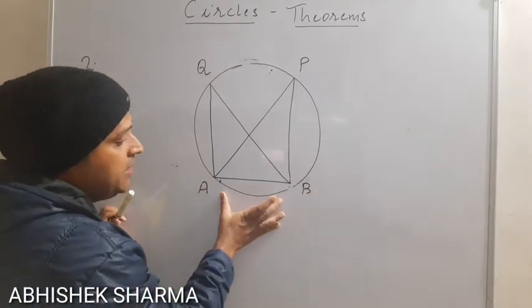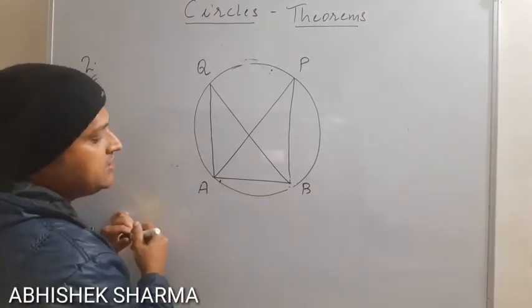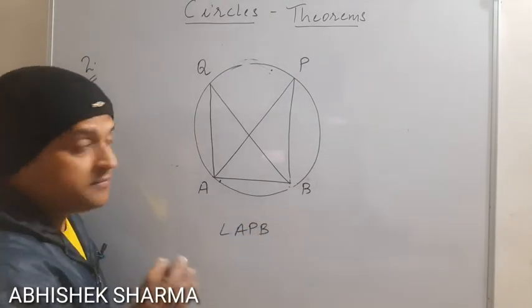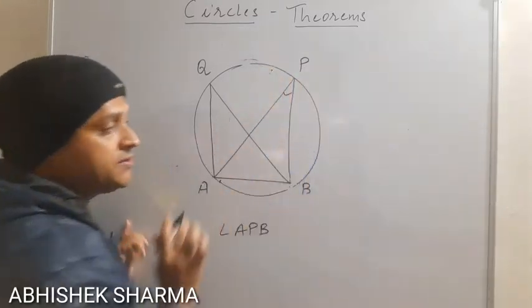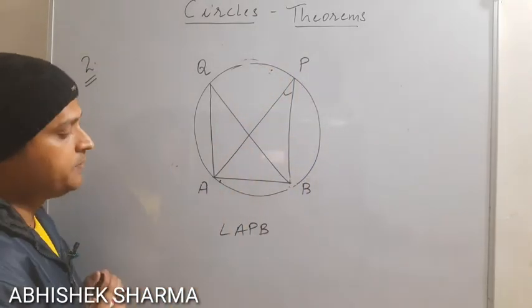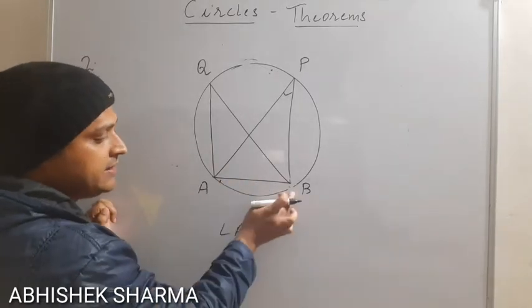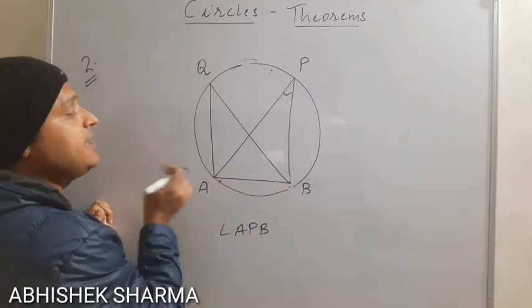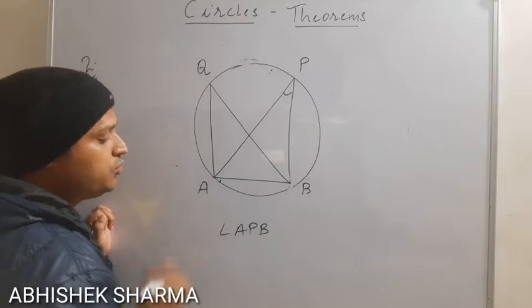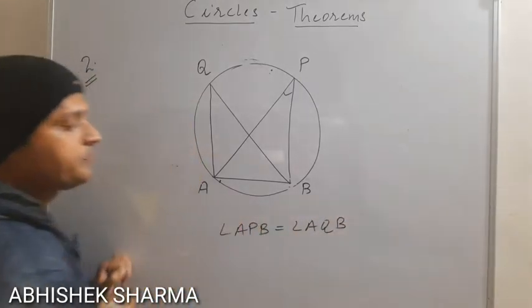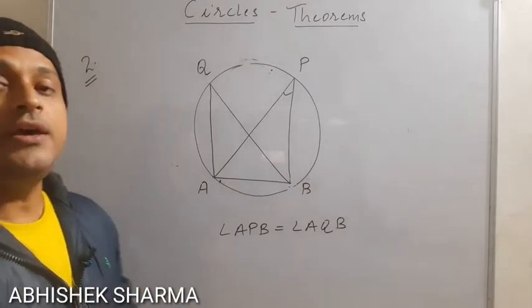On AB, we are seeing that angle APB is forming. Am I clear? This APB is forming on the segment AB. On the other hand, on the same segment AB another angle is also forming, that is Q. So we can say angle AQB, right? So they will be equal.